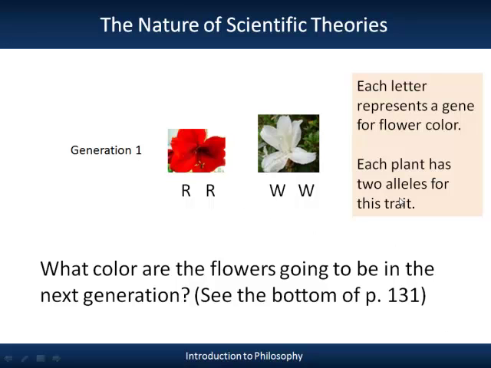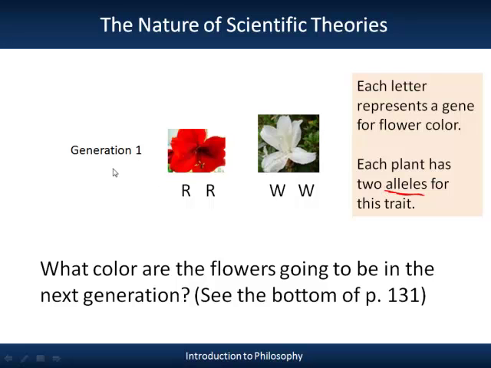Just to begin, one definition we have is this definition of an allele, which is also on page 131, and you'll see that it says there that an allele is just a gene. The way Mendel conceived of it, every cell has two copies of a gene for any particular trait.